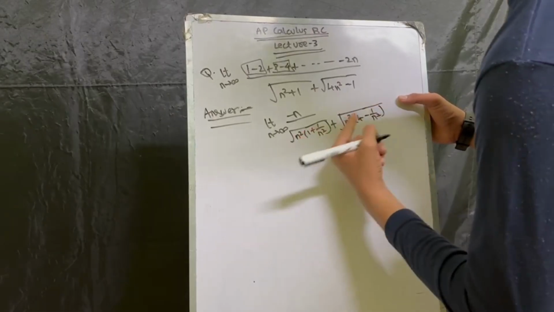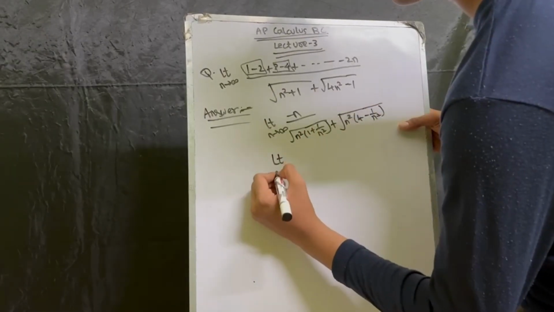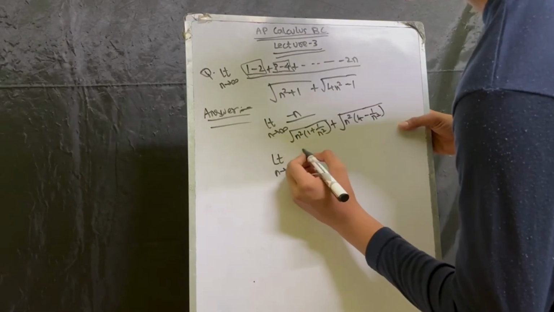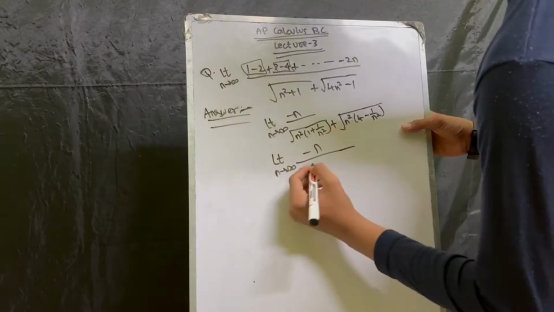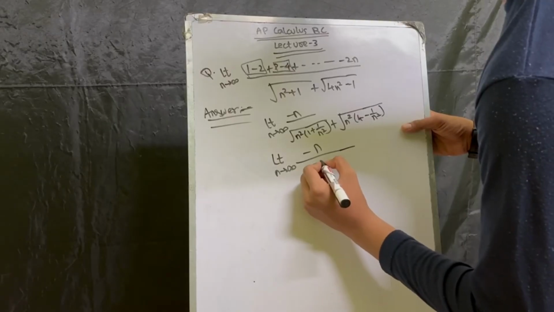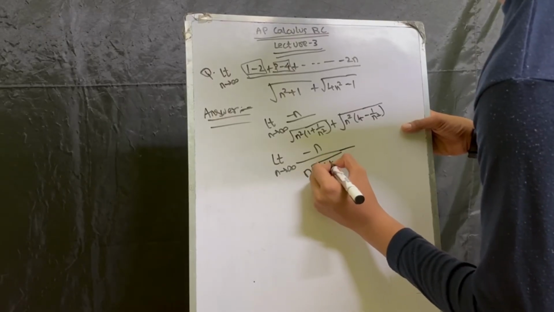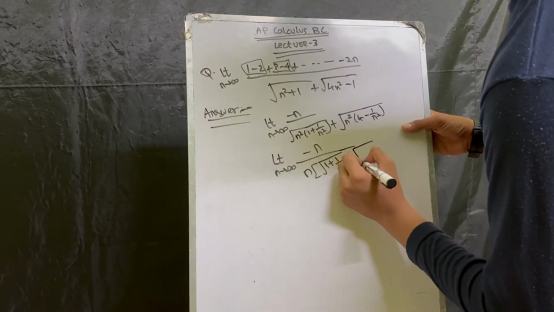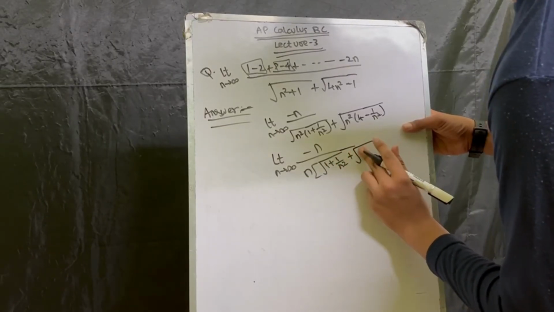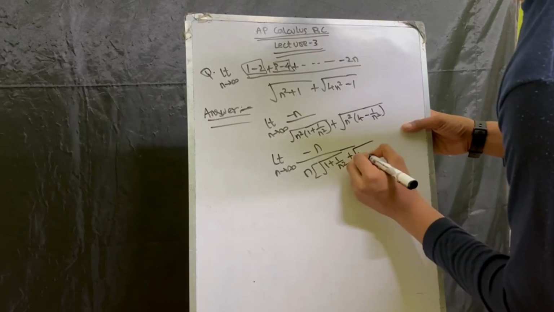Now we can take this n squared out. Limit n tends to infinity, minus n by n into the square root of 1 plus 1 by n squared plus the square root of 4 minus 1 by n squared.